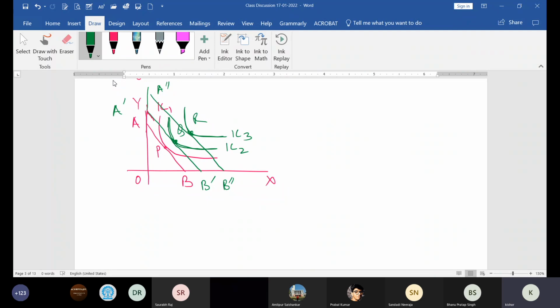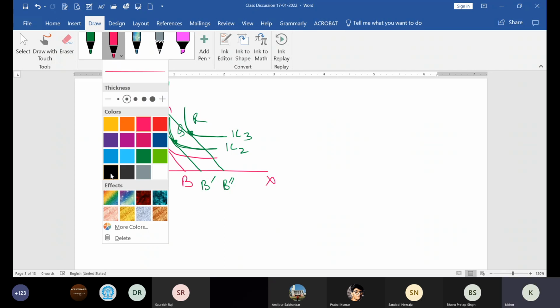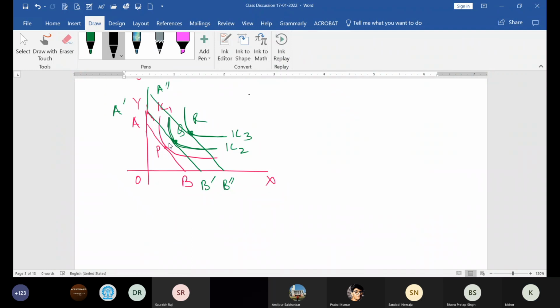So if it happens in that way, and you are joining those equilibrium positions, then you are getting a line or curve. If you join those points, ultimately you are getting a line.